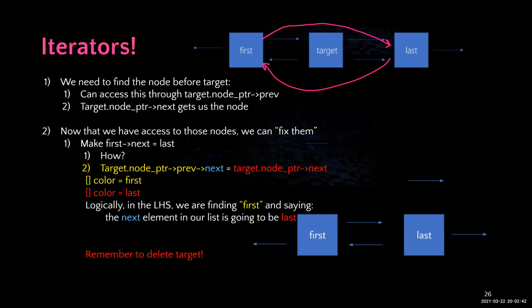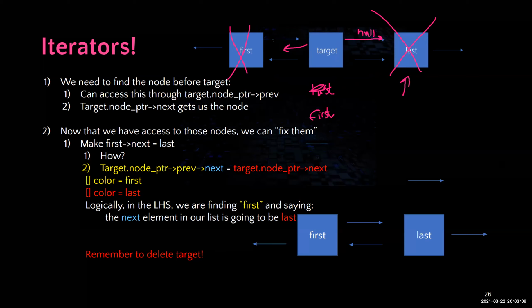All you have to do in that case is just delete the node and then make the previous node the last. Let's say for example, I called erase on last like this. If I call erase on this right here, all I do is I delete this and I make this last and make its next pointer point to null. And if I were to call it on first, I would delete first, make target my first, and I would go ahead and say its previous null pointer.